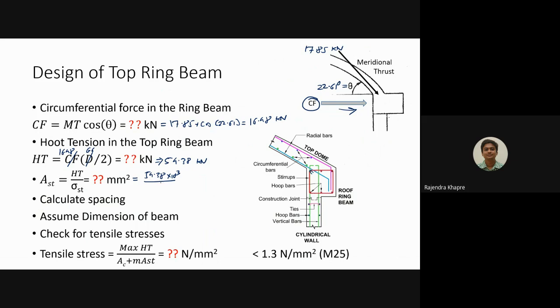For Fe415 grade steel, whether it is bending tension or axial tension, the sigma st value as per IS 3370 has to be taken as 130. So how much is this? Sorry, 41 mm square.